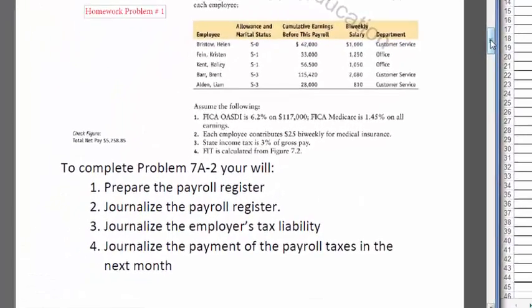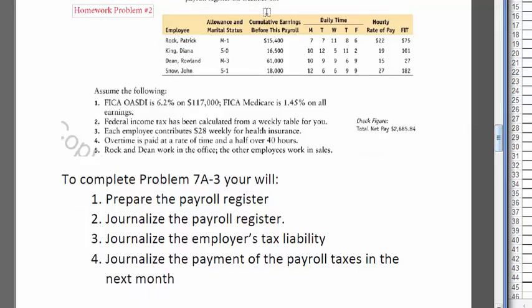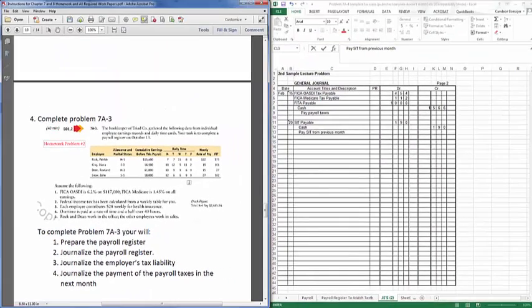Okay. This problem right here. Next one. You need to add these up and see if you need to pay any overtime, because you have to do time and a half if there is any overtime that needs to be paid.